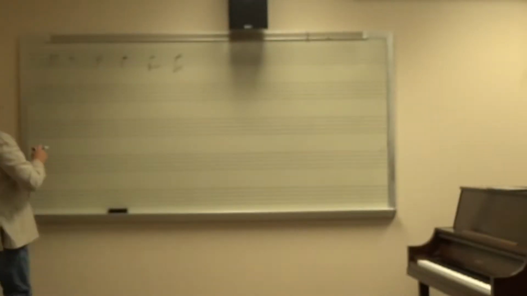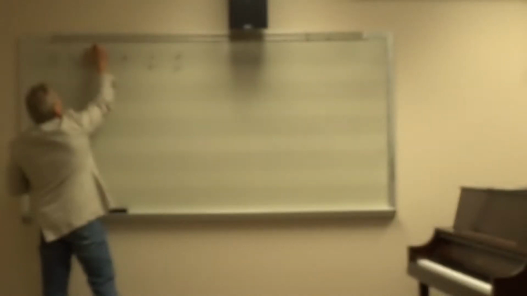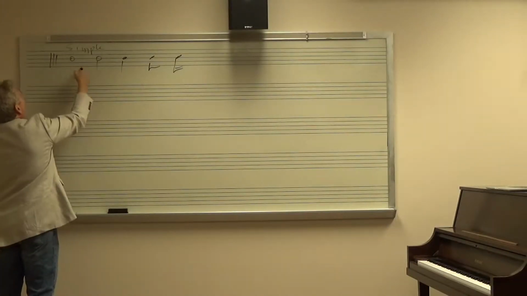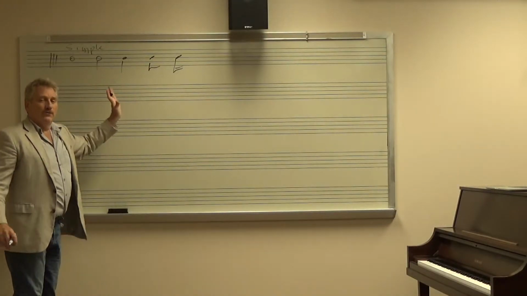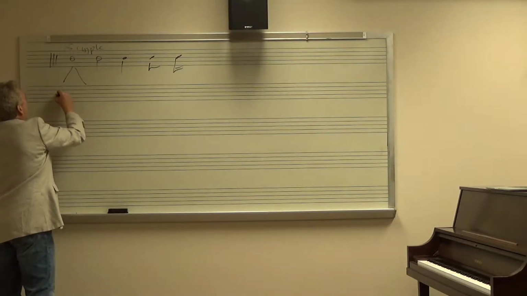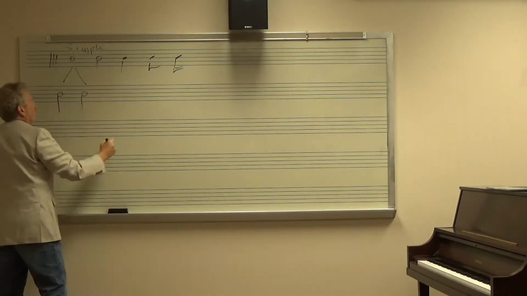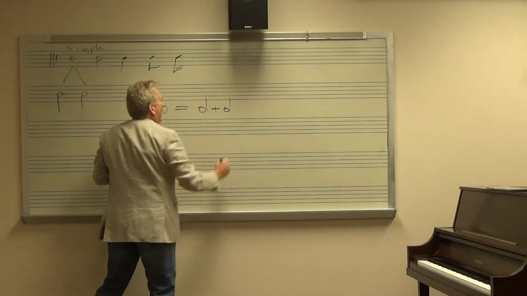These simple values divide into 2. And they divide into 2 of the next lower value. So my whole note can be divided into 2 half notes. A whole note equals a half note plus a half note.